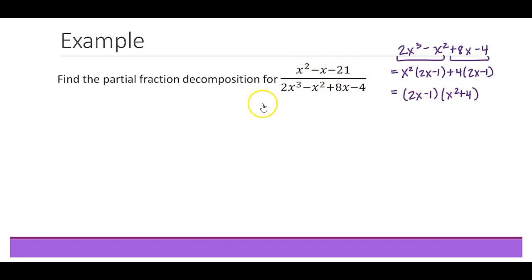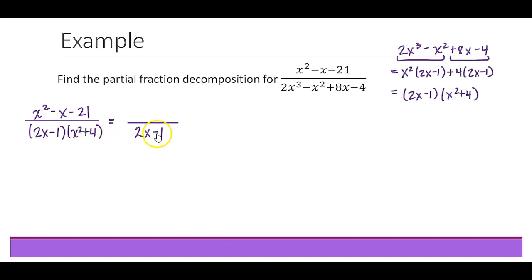So this is my denominator factored. My original rational function would look like x squared minus x minus 21 over this linear term, 2x minus 1, times this irreducible quadratic, x squared plus 4. To set up our partial fraction decomposition, the linear factor in the denominator gets a generic constant on top, so we'll call that a.